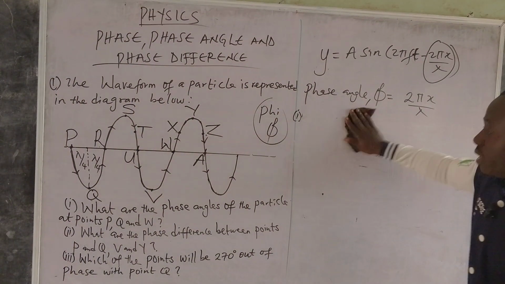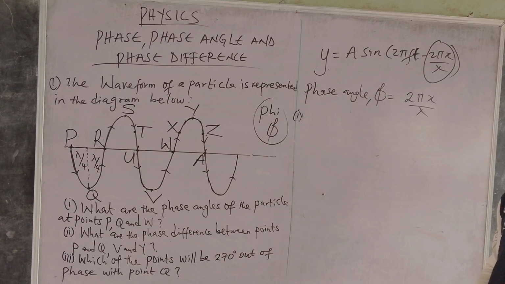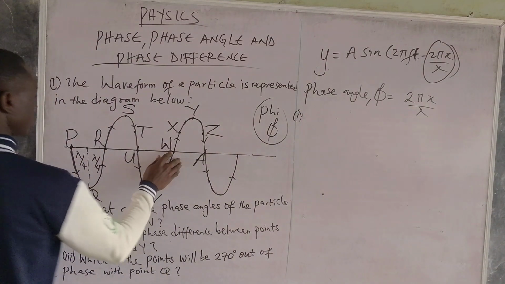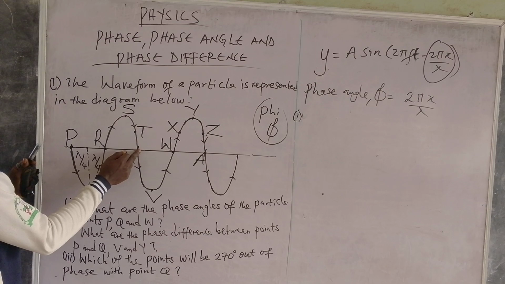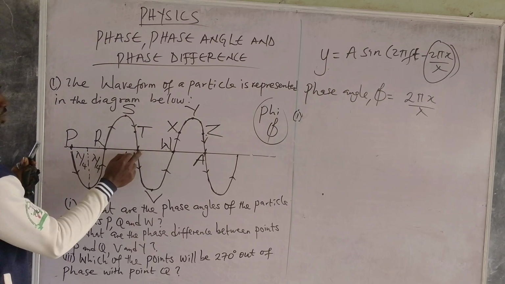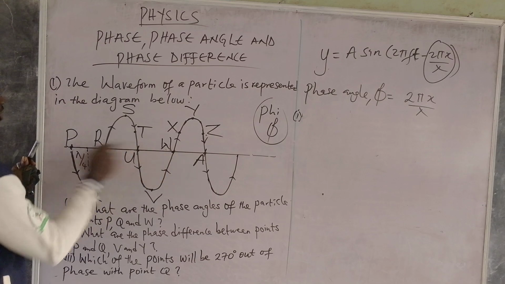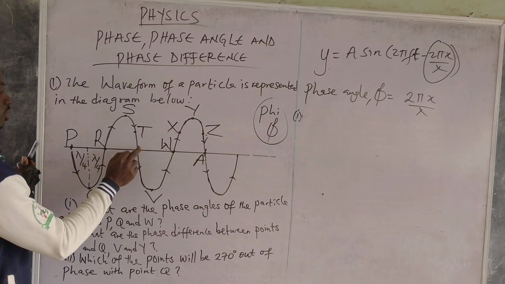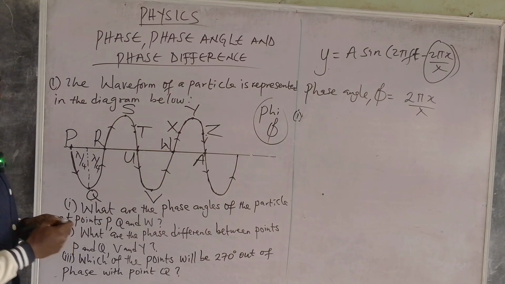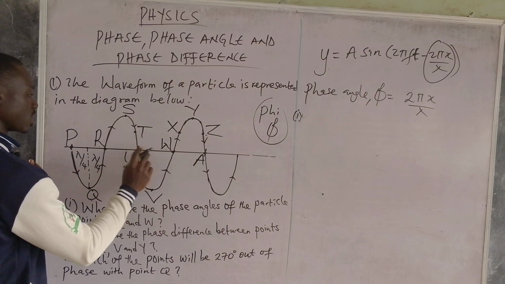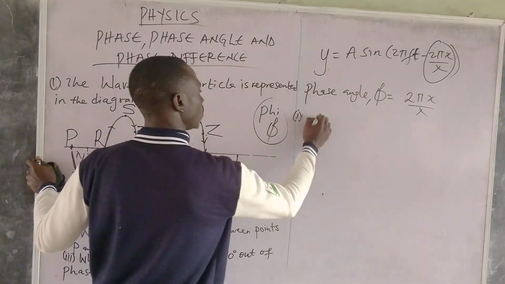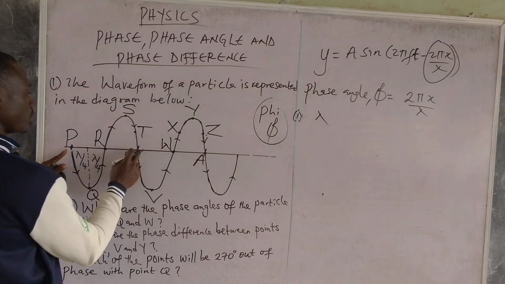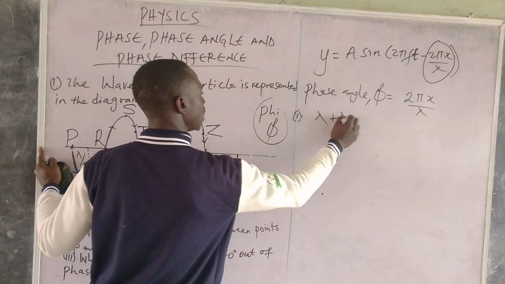Now let's go to point W. Point W is here. So how many wavelengths do we have? From P to U is one wavelength. So we are going to W, from the origin to U, one wavelength. Then from U to W is lambda over 2, half wavelength. That's 1 lambda plus lambda over 2.